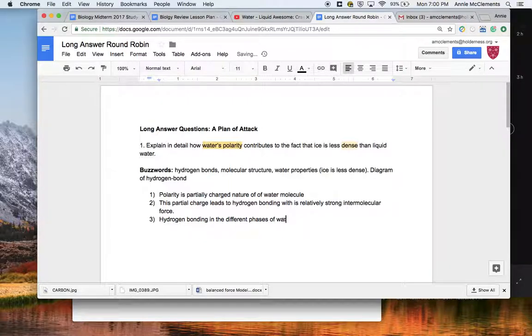Liquid, gas, solid, which phase has the most hydrogen bonds, right? And the answer here is ice.